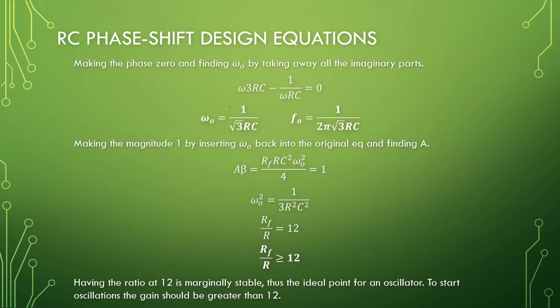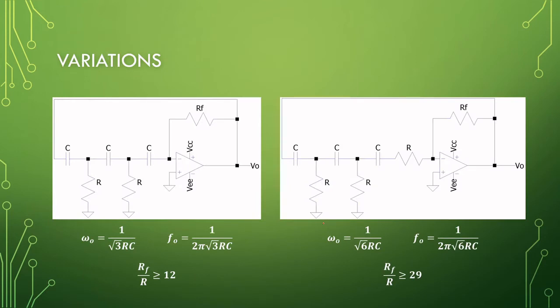So we resubstitute this omega squared in here, and we will get that the ratio between RF and R is just 12. So for oscillation to start, RF over R needs to be larger than 12. Right, so there are our design equations.